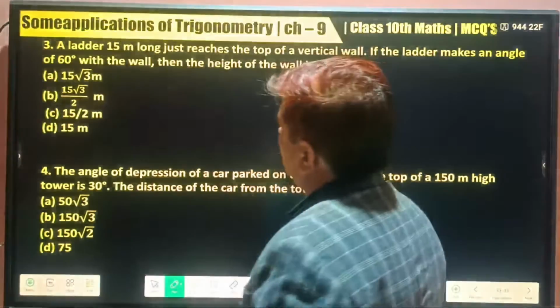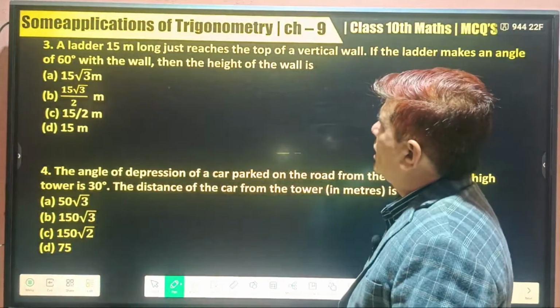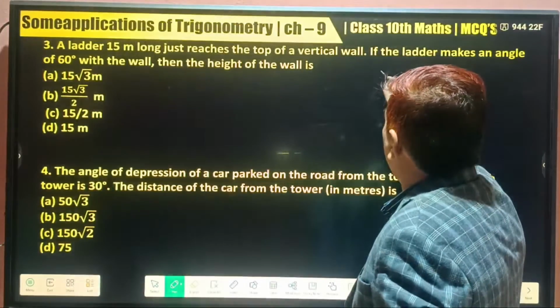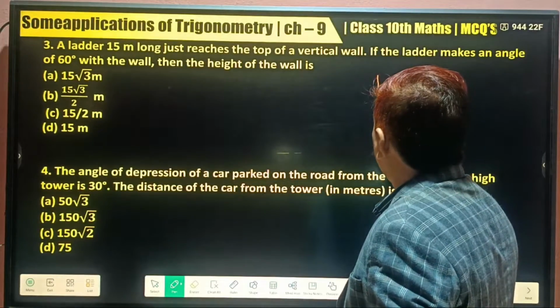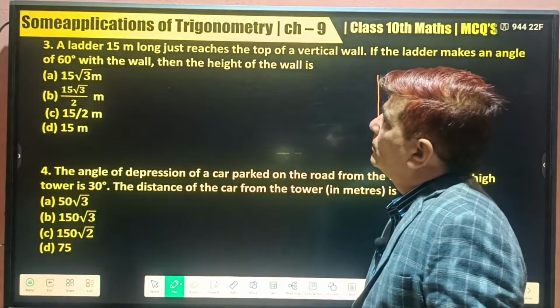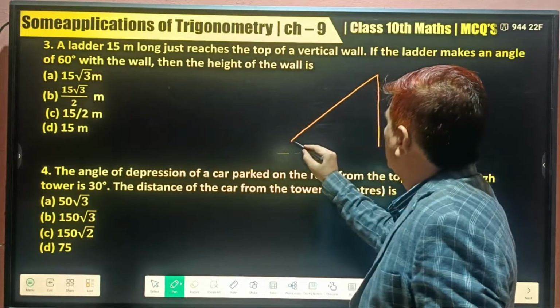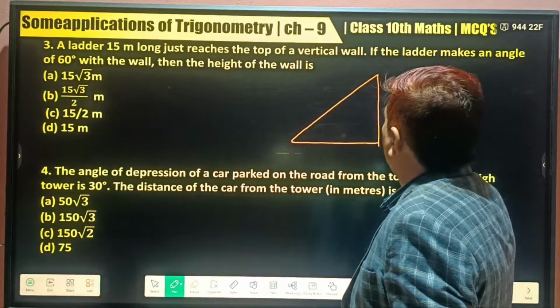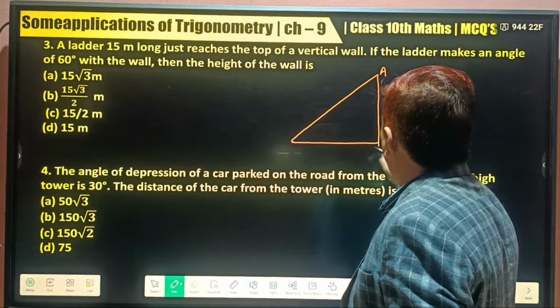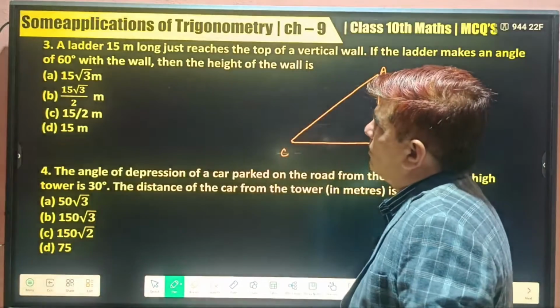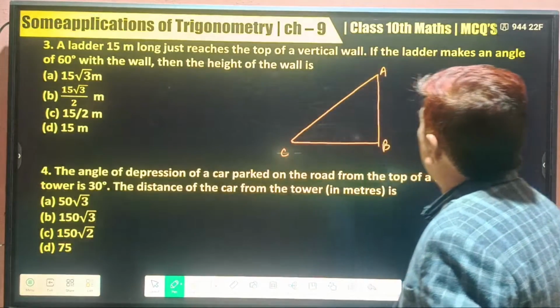A ladder 15 meter long just reaches the top of a vertical wall.